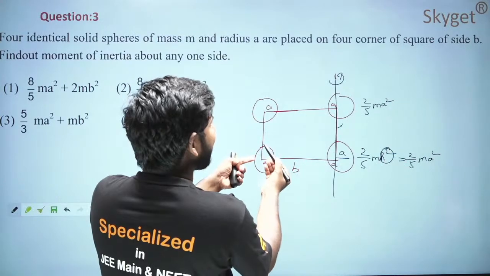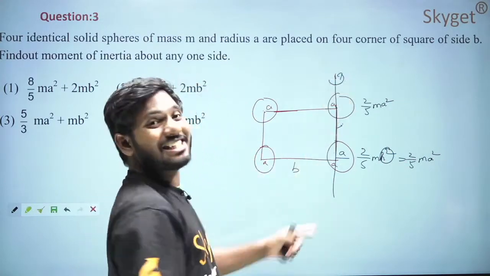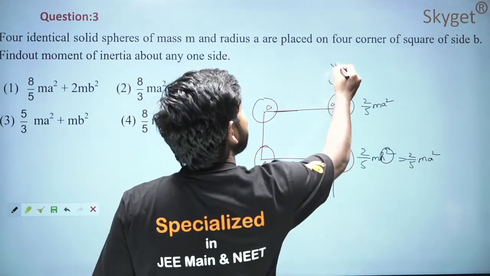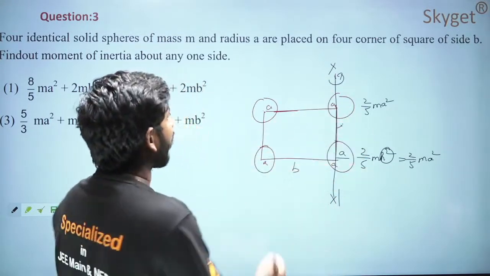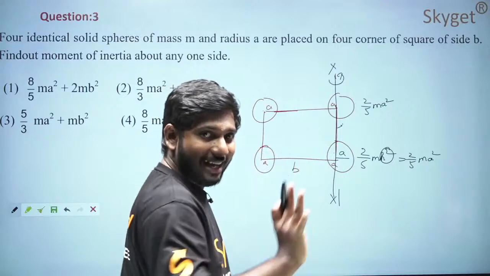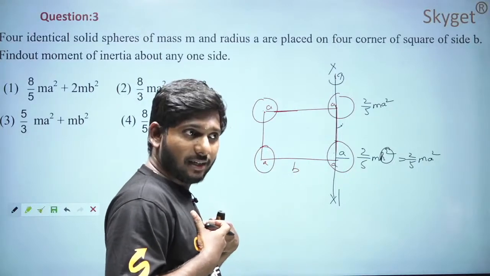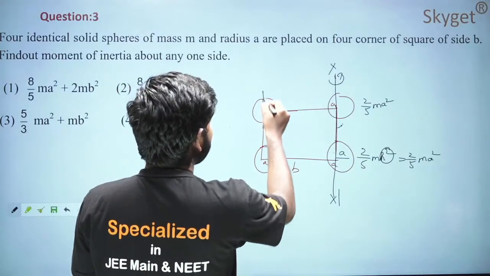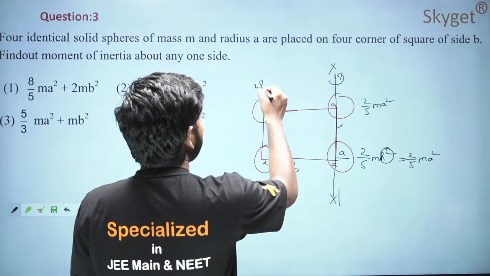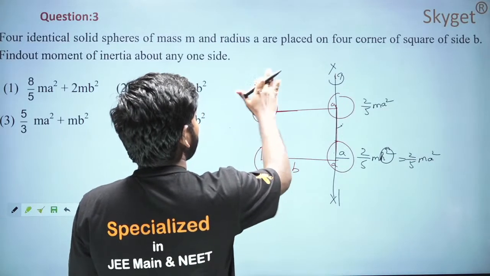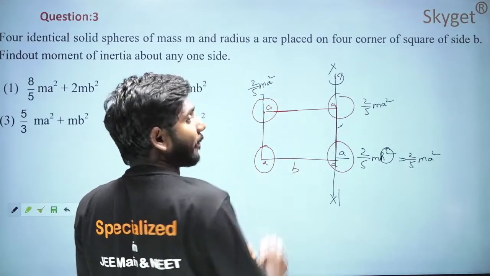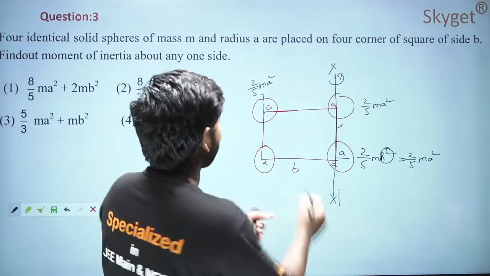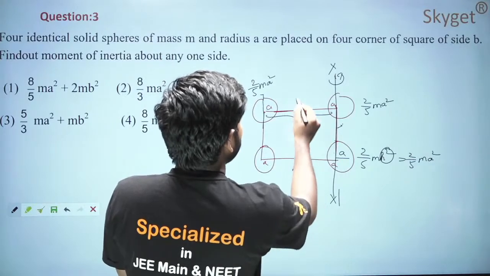For these two particles, we need to find the moment of inertia about this axis, which I am considering as x dash. We don't know that axis as far as our formulas are concerned. We know about this axis, that is 2/5 m a squared, but using the parallel axis theorem, the distance between these two axes is b.